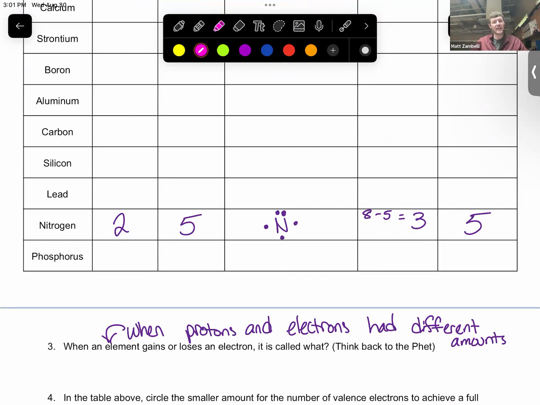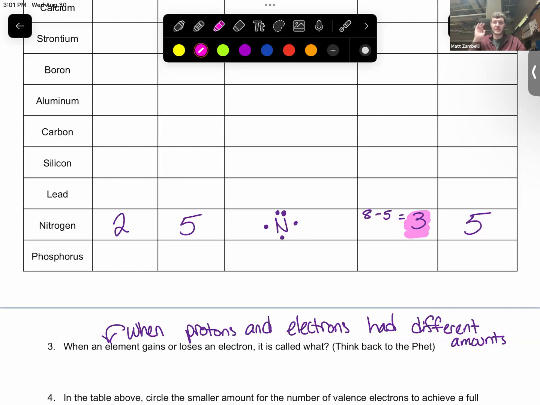It's easier to find 3 than it is to find 5, because you have to at least find 3 either way. But with 5, you need 2 extra ones after that. That's a lot more work. So it's going to just take some electrons from other elements, because that's a little bit easier than finding 5 new elements to give its electrons away. So this one is going to be what it ends up doing, because 3 is a smaller number. So 3 is easier to do, right?